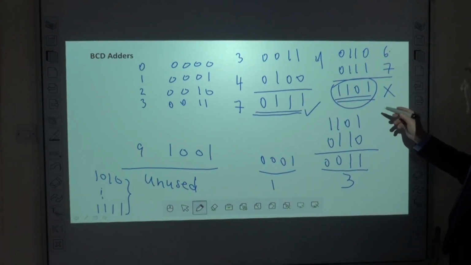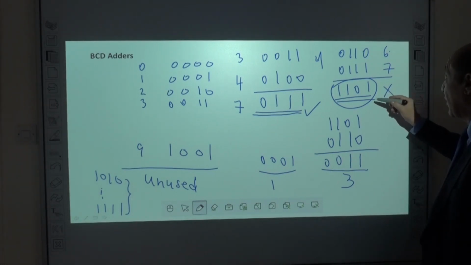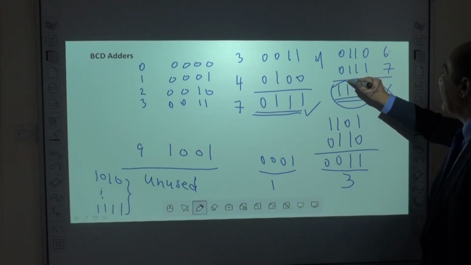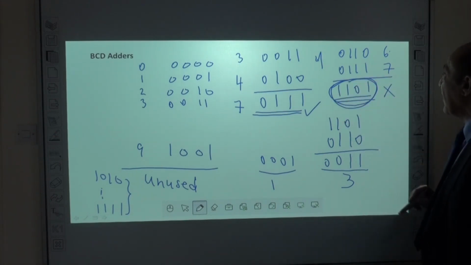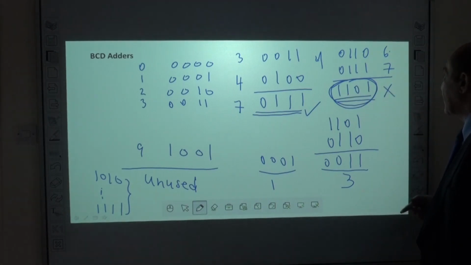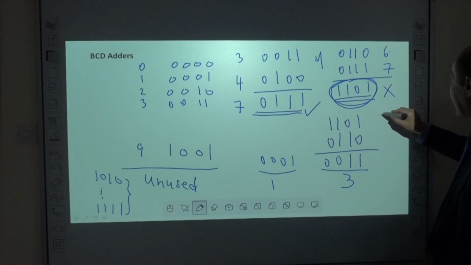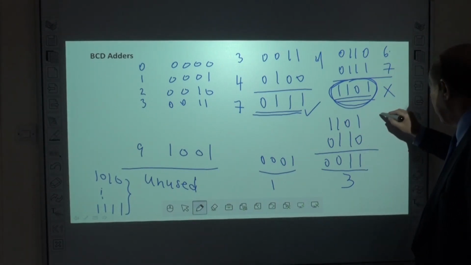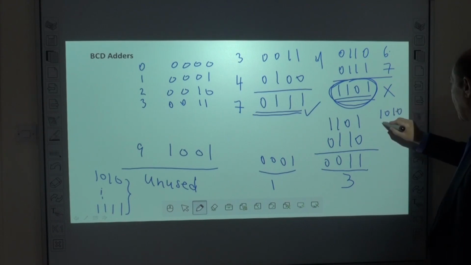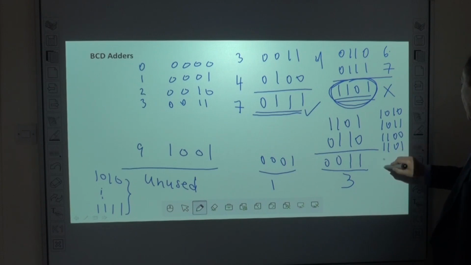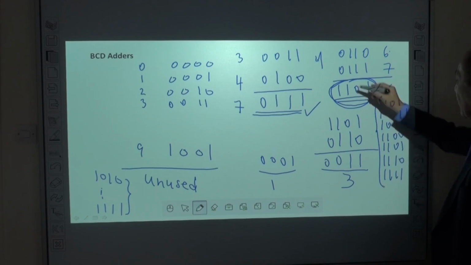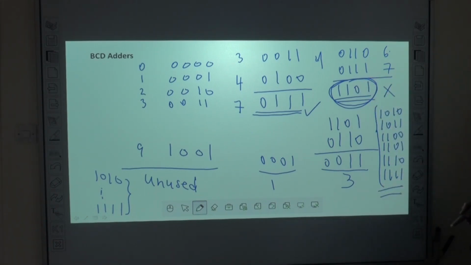So the first case, when we need to adjust the result, is if the sum is larger than 9 and no carry, and of course 15 or less. If the sum is 1010, 1011, 1100, 1101, 1110, 1111, in these cases, and no carry, we have to add 6.